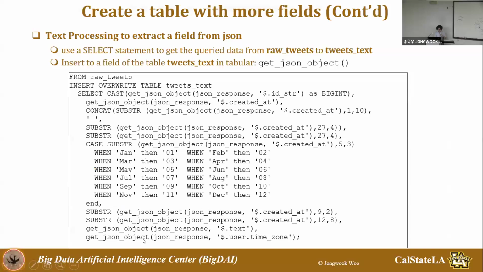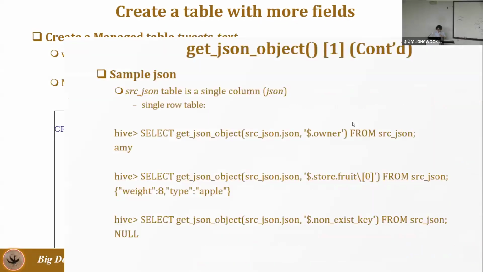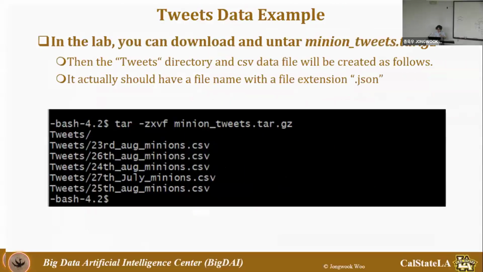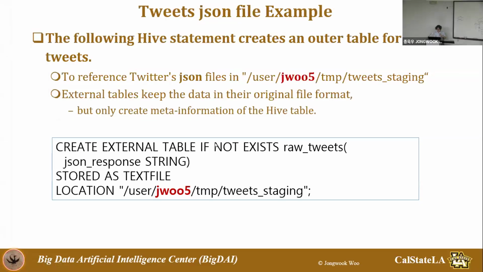So you can read the time zone value from the raw Twitch table using the getJSON object function, and then you have to call the column that exists in the raw Twitch table, because again, in the first table, raw Twitch, you have only one column named JSON response. Let me show you the first table again. Okay, this is your first table, the raw Twitch table, and it has only one column, JSON response.